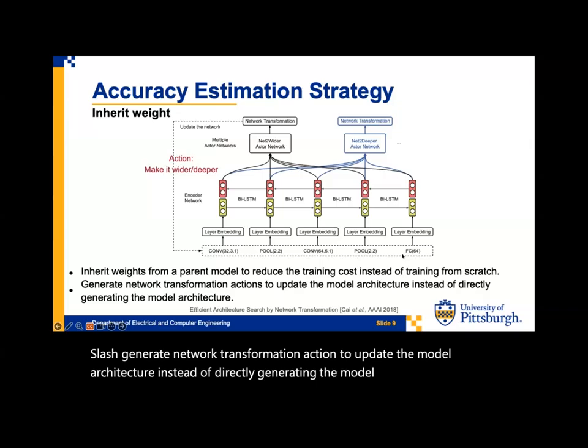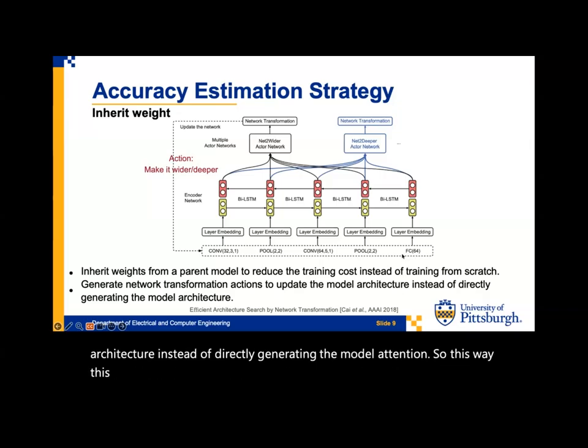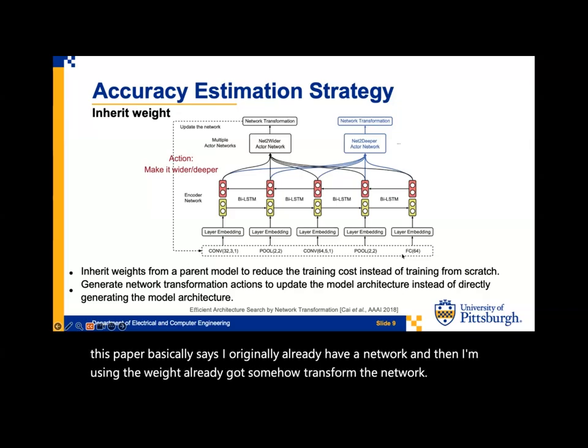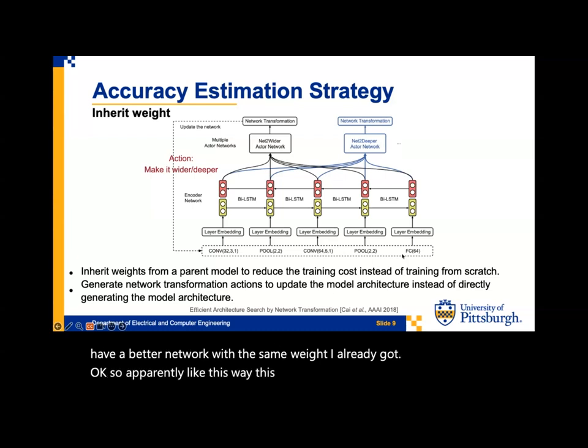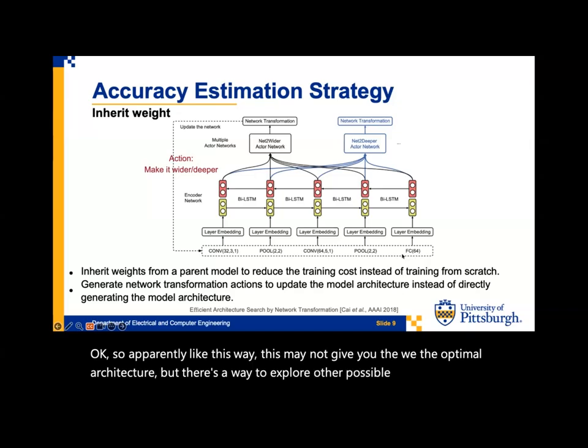So this paper basically says, I originally already have a network, and I'm using the weights I already got to transform the network, to see if I can have a better network with the same weights. Apparently this may not give you the optimal architecture, but it's a way to explore other possible designs quickly. So that's the idea.